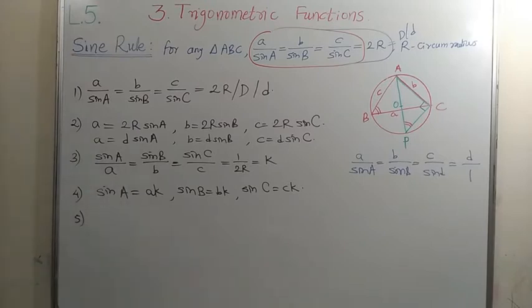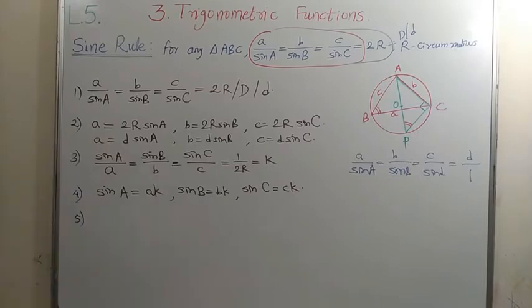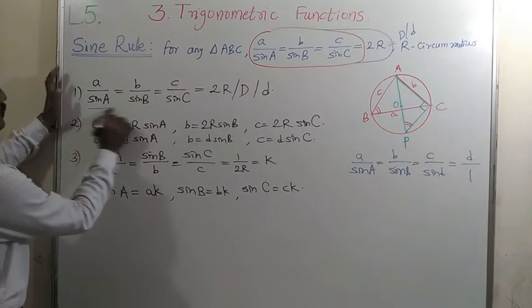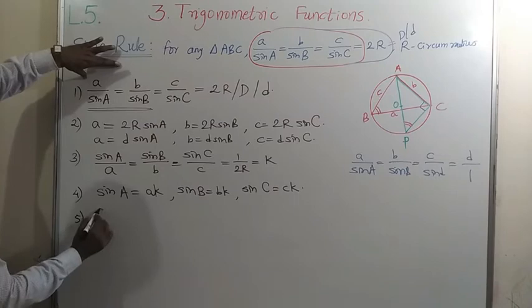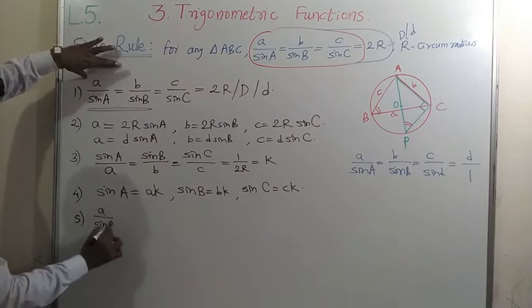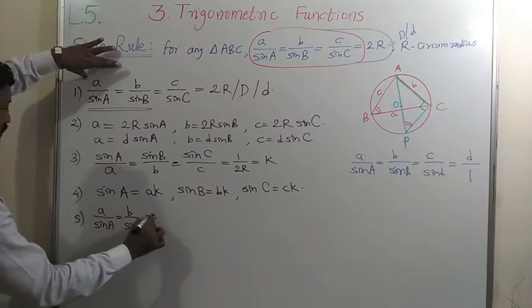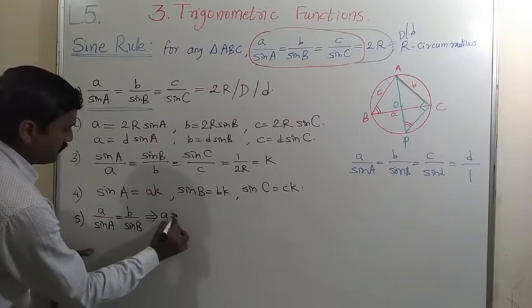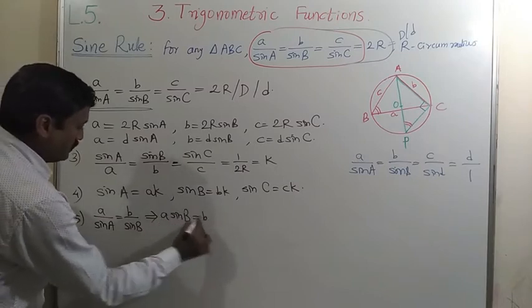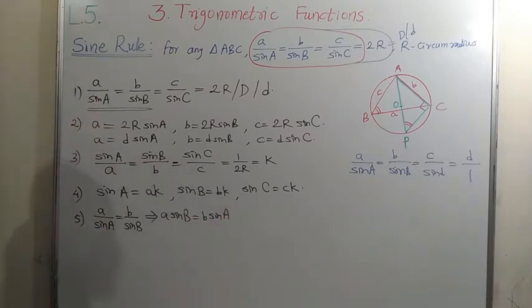Let us see the next one. From this result, if you consider only two ratios, then from these two ratios we get a upon sin A is equal to b upon sin B. These two equal ratios imply a sin B is equal to b sin A. So how can we remember?